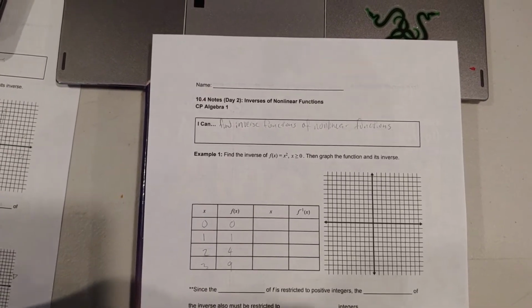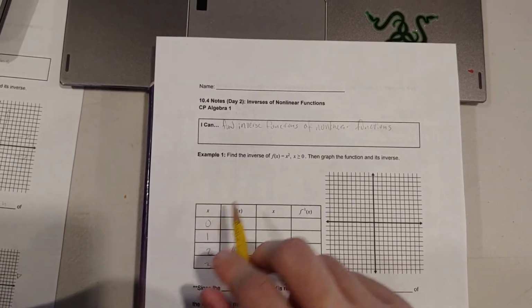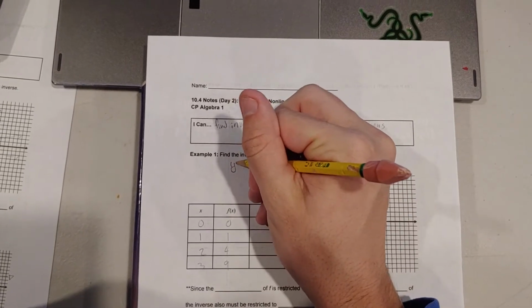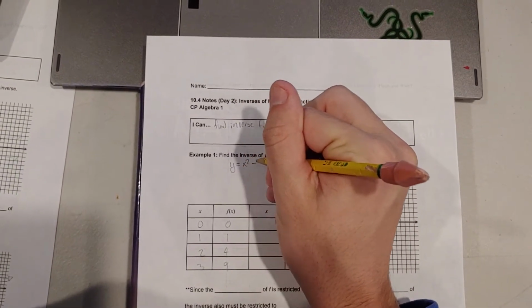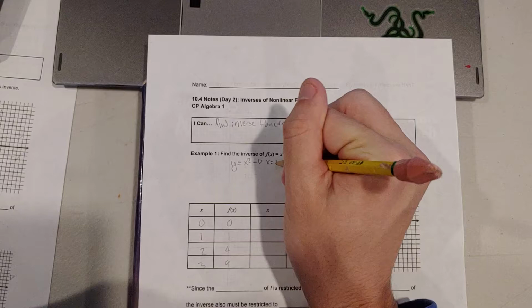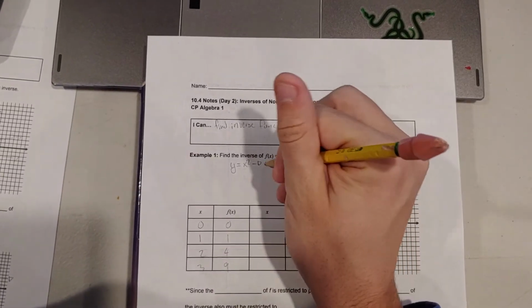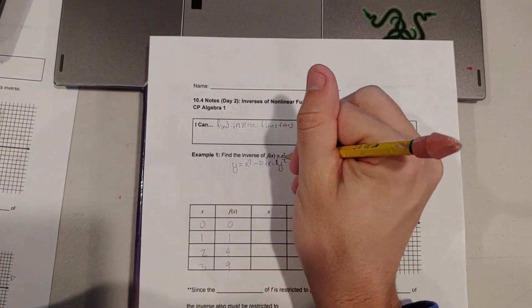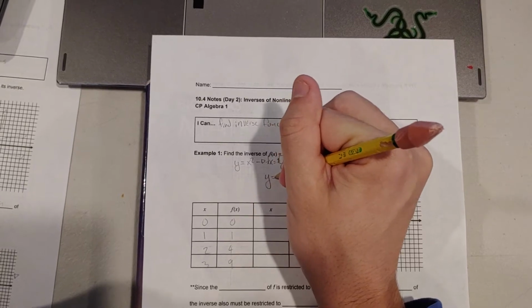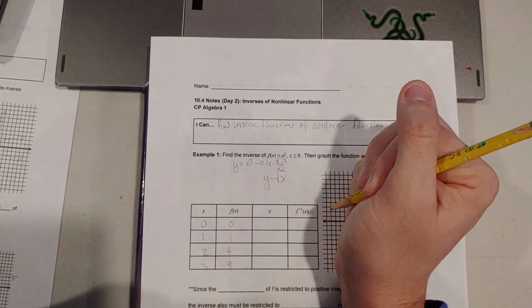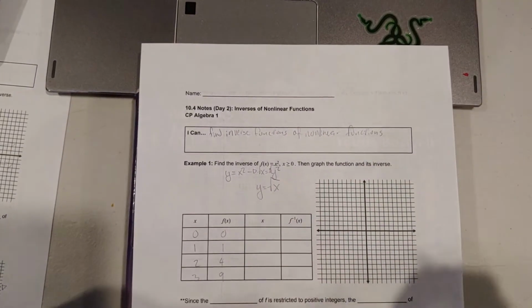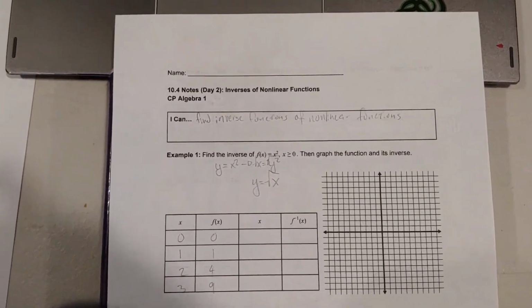Now we find the inverse. So y equals x squared, then that goes to x equals y squared. Then we take the square root of both sides to get y by itself, so y equals the square root of x. And that is your inverse.